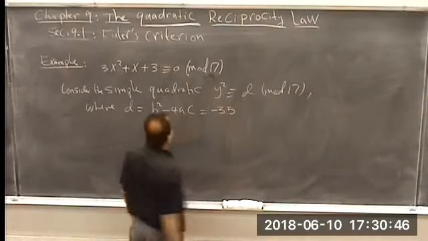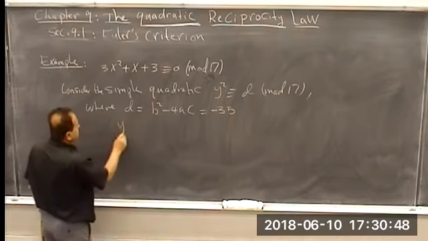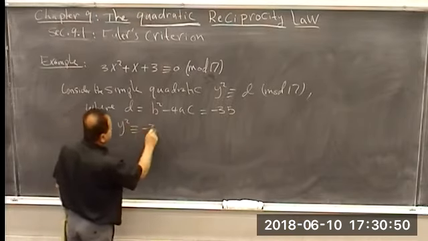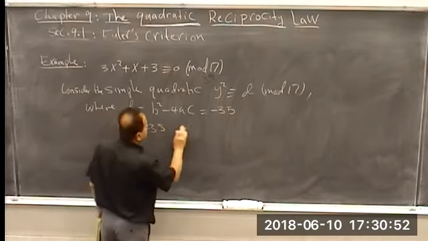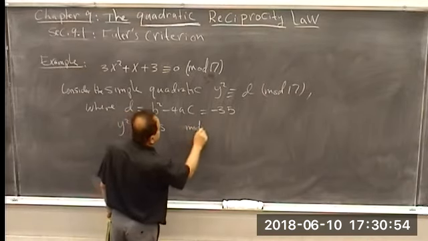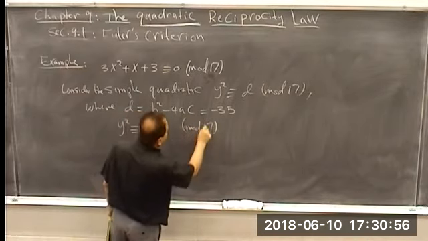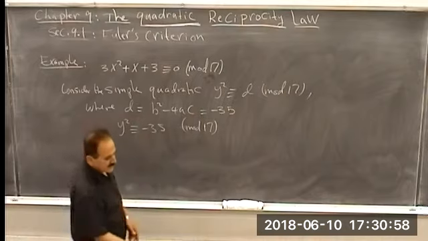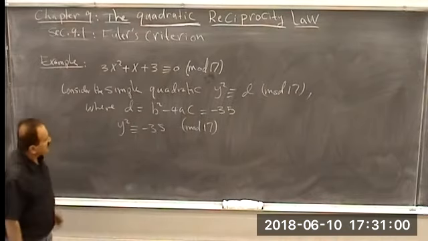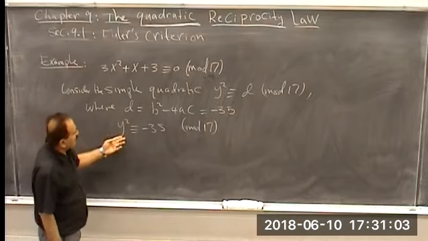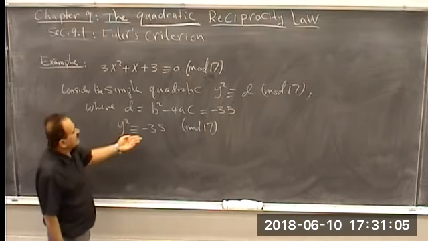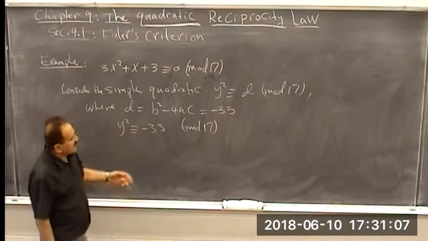So you're going to consider this equation mod 17, and in a sense, it's a heads up: we are trying to find the square root of negative 35 mod 17.